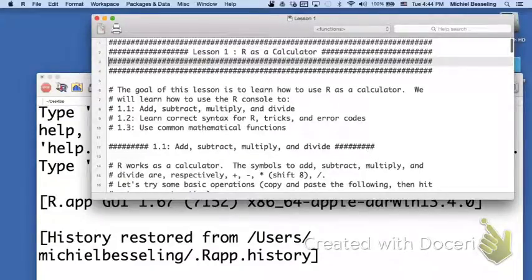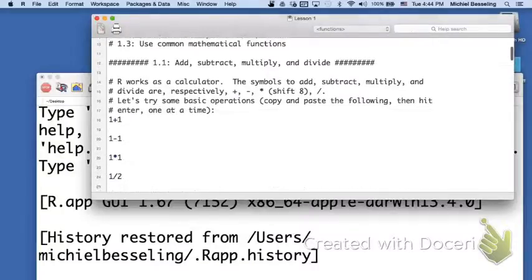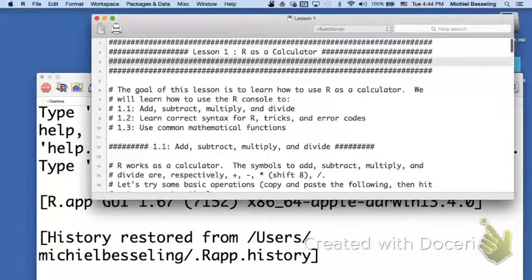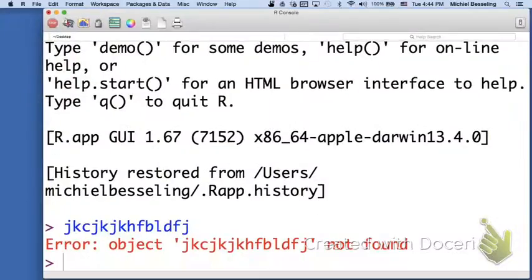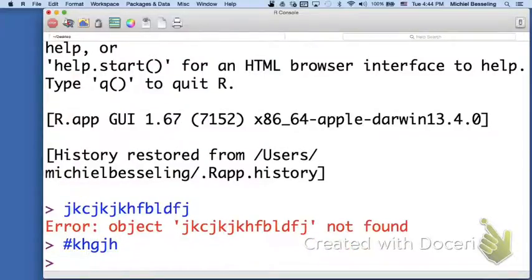But what we're going to be doing is copying and pasting things into R. Anytime we copy and paste something into the console and we have a hashtag symbol in front of it, it just ignores it. So if you just saw nothing happened, it didn't. When I say nothing happened, there was no error code like we had here, and we moved on to the next line.